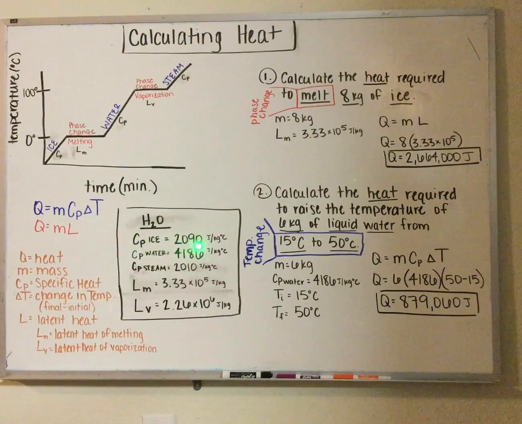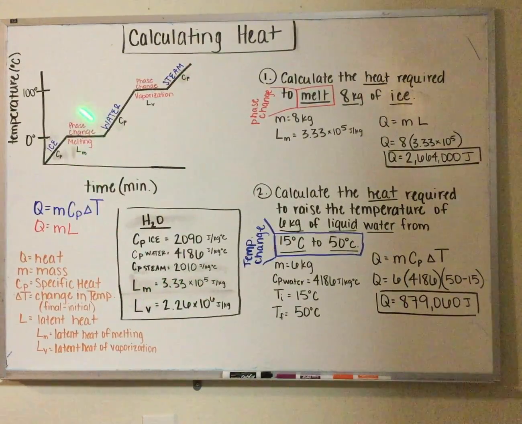The specific heat of ice is 2090 joules per kilogram degree Celsius. Cp of water, specific heat of water, in this section here, see there's a little Cp right there, that's where you're going to use that. It's 4186. Cp of steam, the specific heat of steam, is right here in this section, Cp.